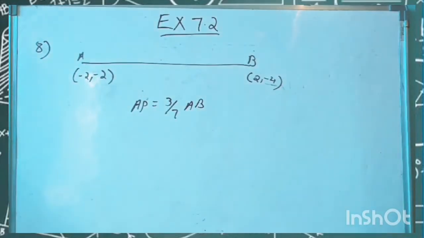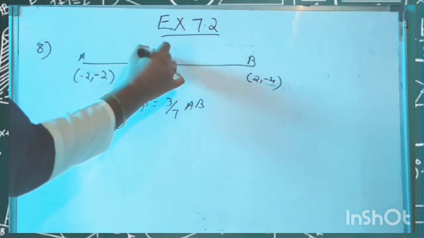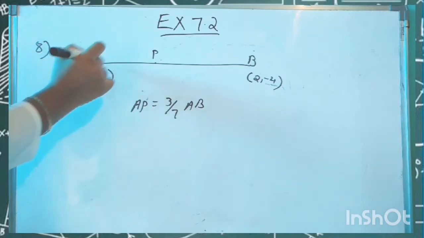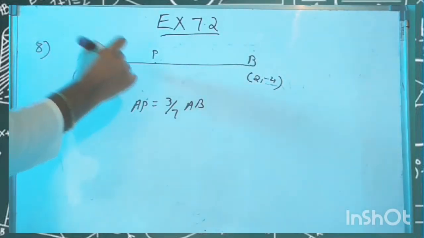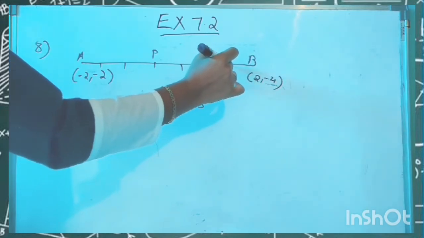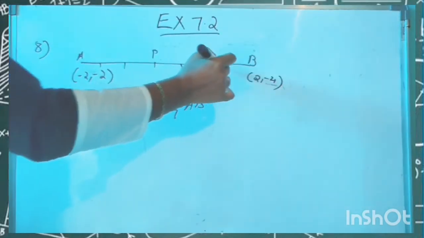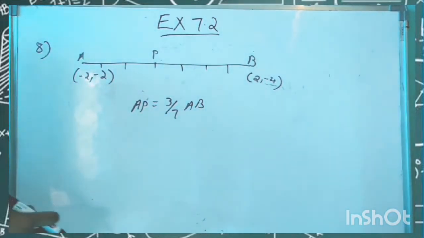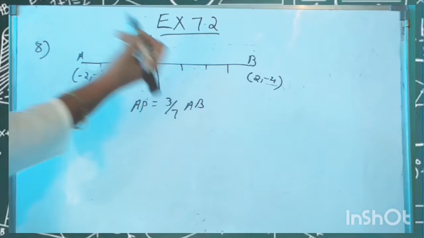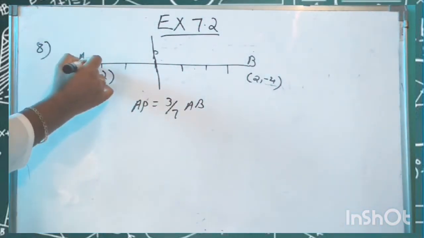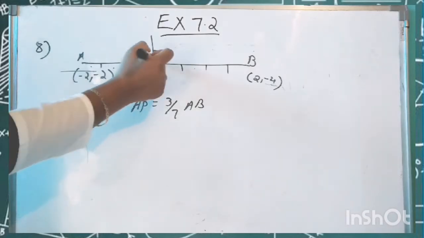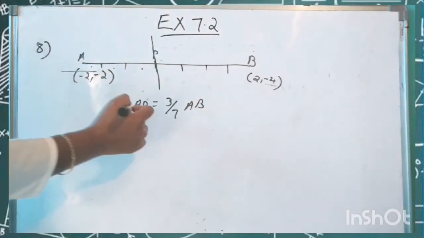Let the point be P. AP is equal to 3 by 7 AB means if you divide this AB into 7 equal parts, 1, 2, 3, 4, 5, 6, 7, then this AP constitutes the first 3 parts. That is the meaning of this.